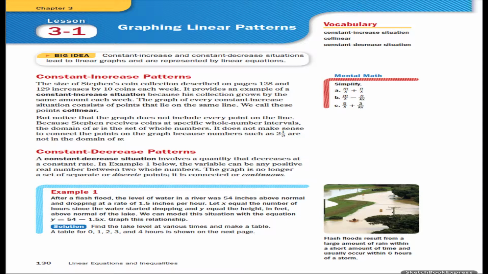Then as each hour passes by, we have a drop in the water, so we're subtracting the decrease, minus 1.5 times x from 54. We can look at the lake level at various times. We would find that we could create a table for it, and I highly recommend making a table no matter what you're going to do.